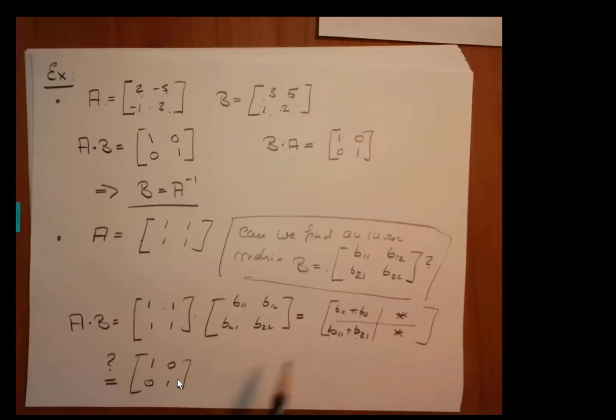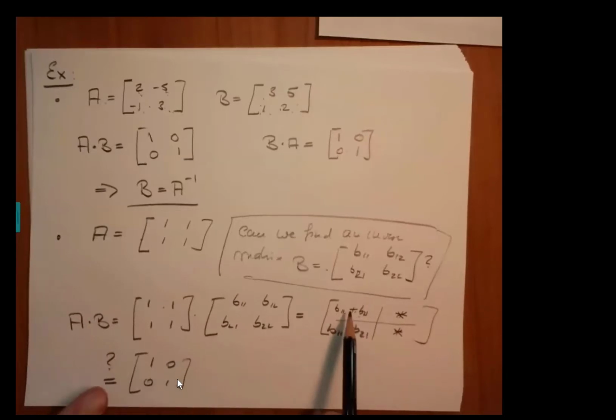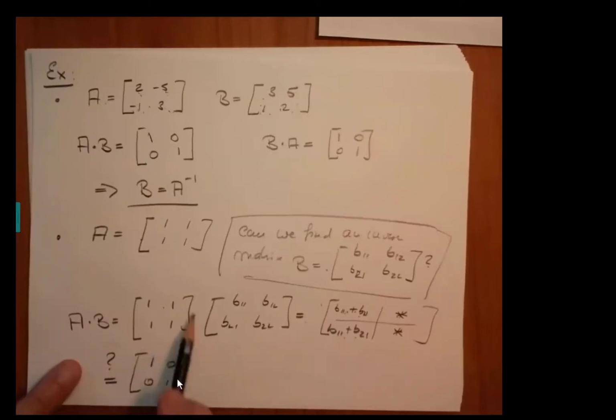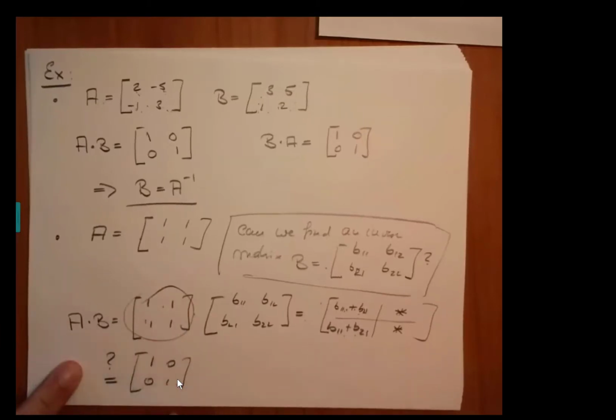Now we see, okay, what do we actually like? We like this to be 1 and this to be 0, but it's the same. So it's impossible. So what does it mean? This matrix has no inverse, no matter what you do.